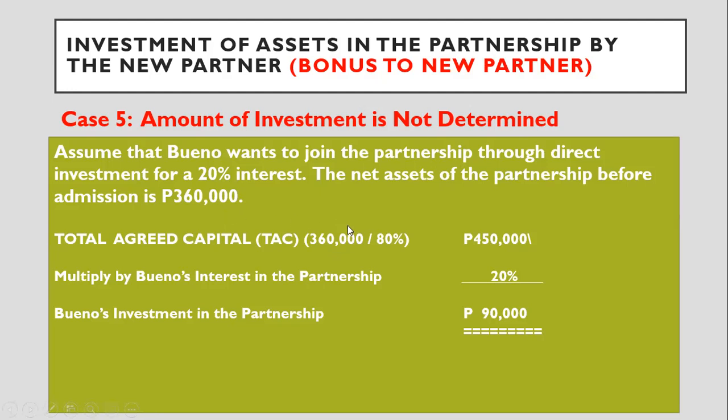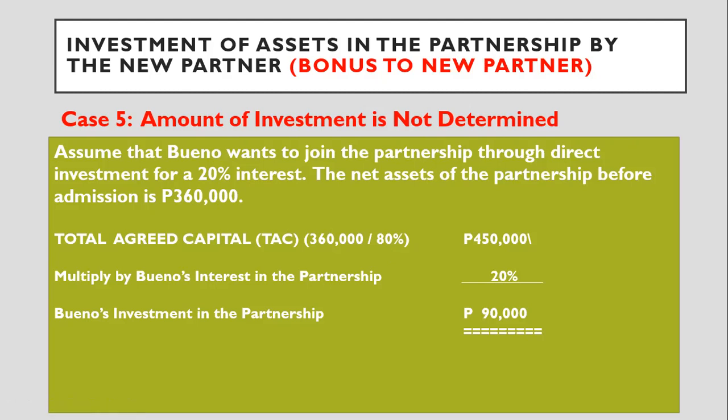Now, if Bueno will be given a 20% interest, it has to be understood that the net assets of the partnership will be given an equivalent of 80%. So to get the total agreed capital of the partnership, we will divide the 360,000 by 80%.